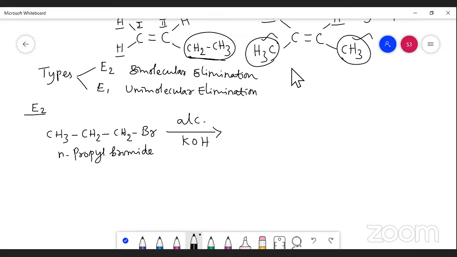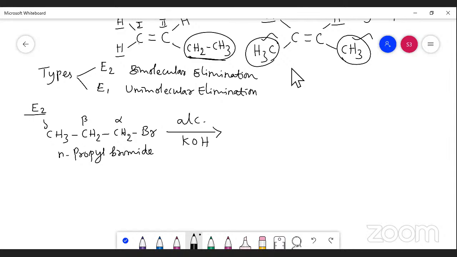Okay. Now, what is elimination? I'm going to eliminate the hydrogen from the beta carbon. Immediately go search where the beta carbon is. So the Br-attached carbon is alpha. The next carbon here is beta. Okay, I told you already, if one more carbon is there, it will be delta. So no problem. But we have to concentrate on the beta carbon.